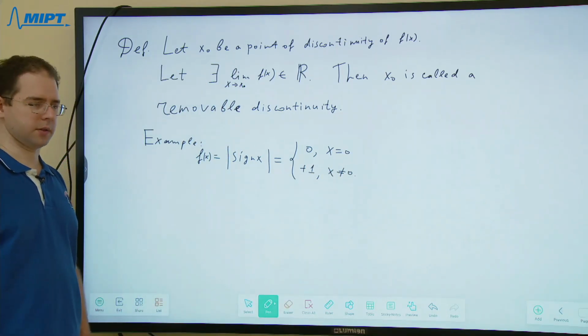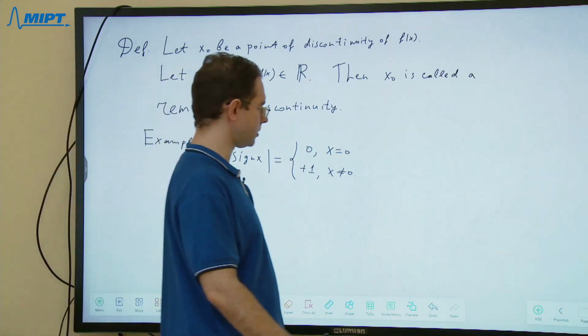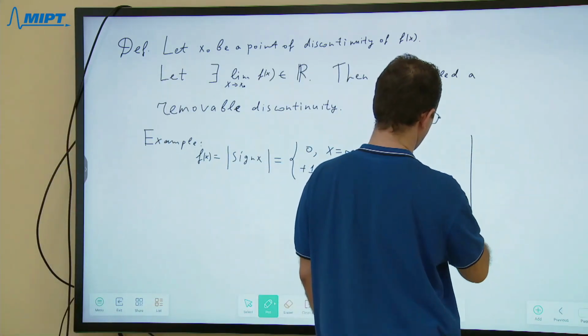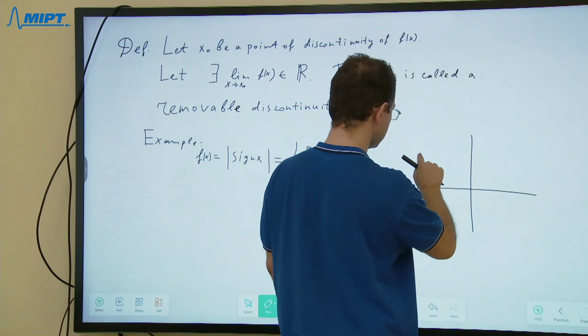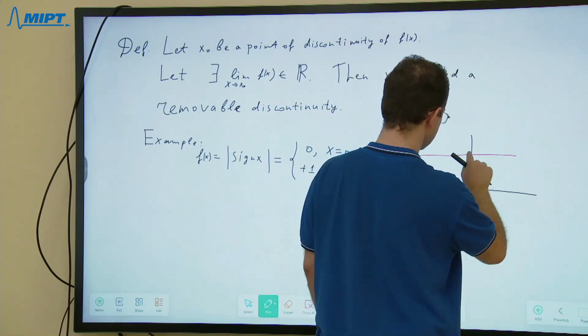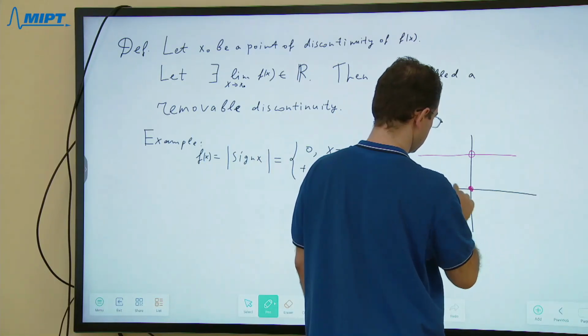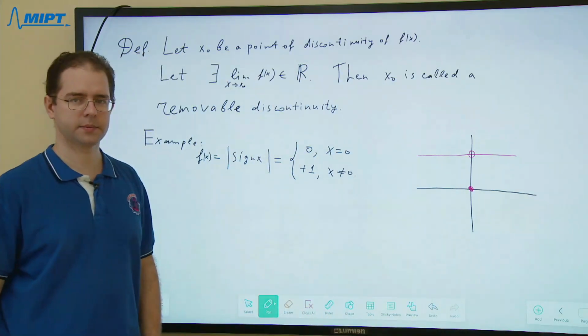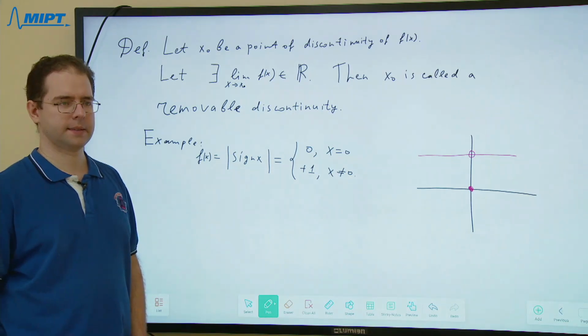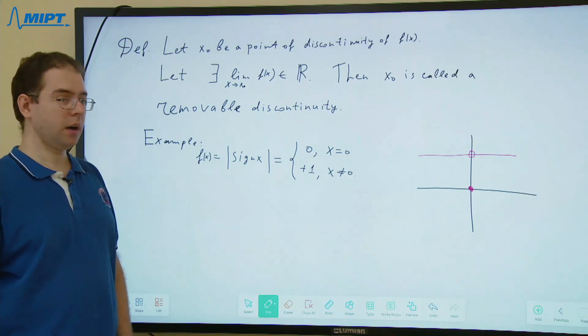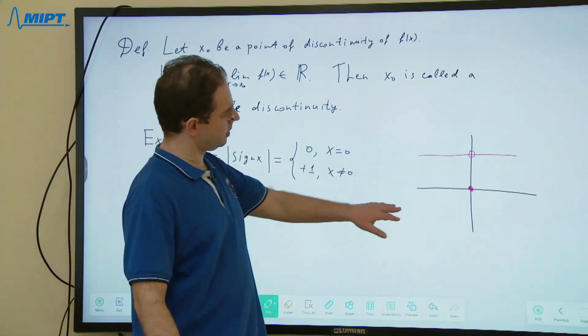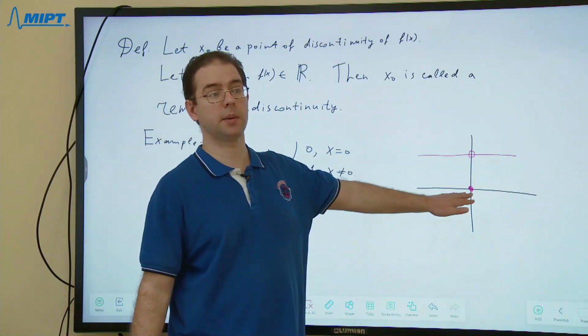So this is my function, and the graph of this function looks like this. Okay, so we can easily enough see that this is a point of discontinuity.